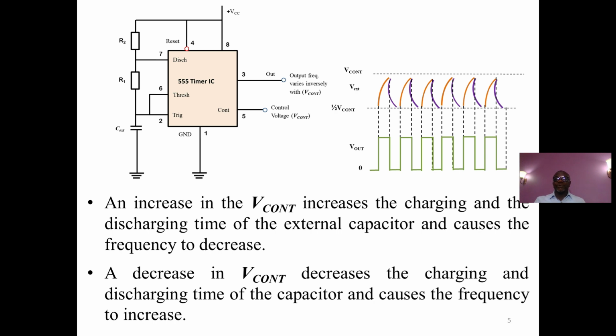When it drops to the threshold of half V control, it goes up again. The rising edge will come again. When it gets to the V control, it starts dropping, and the trailing edge of the pulse will continue.